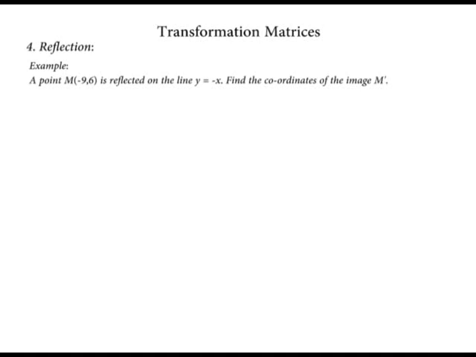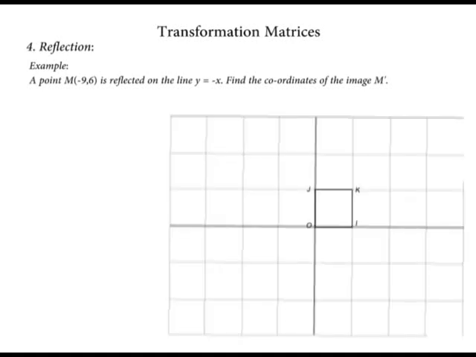First, we find the reflection matrix for y = -x. We get our unit square. The line y = -x is this one. Now reflect I and J on that line. I prime will be (0, -1), and J prime will be (-1, 0).